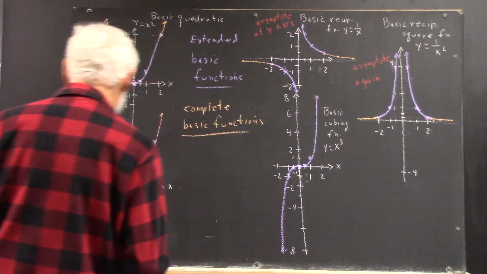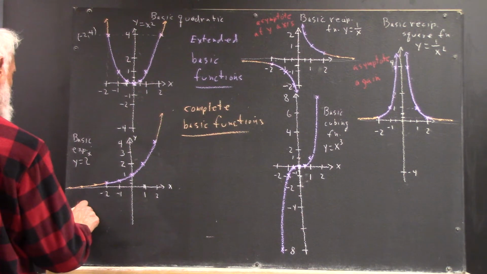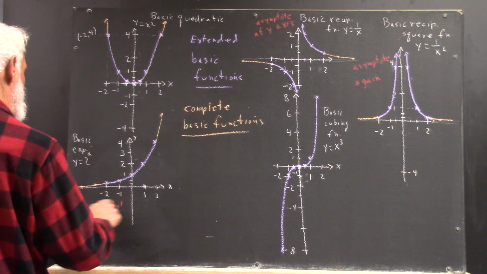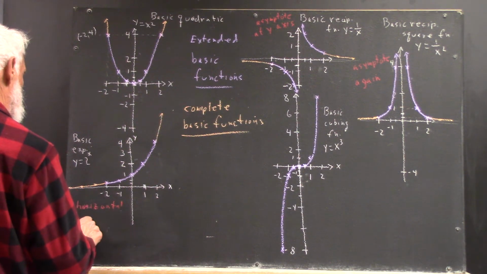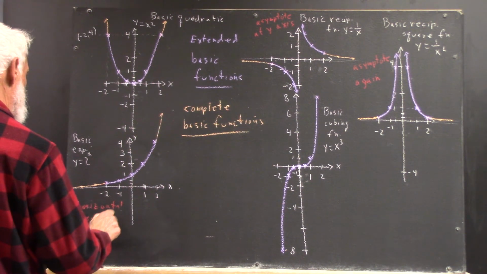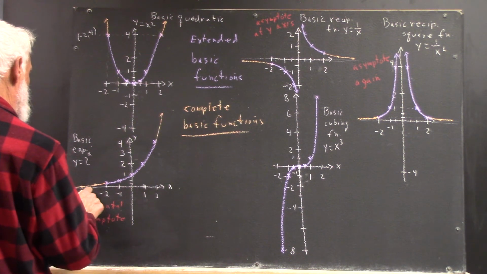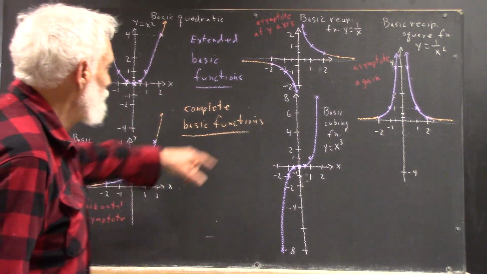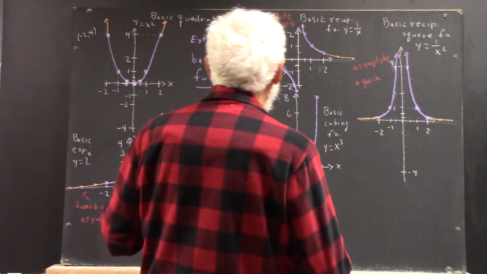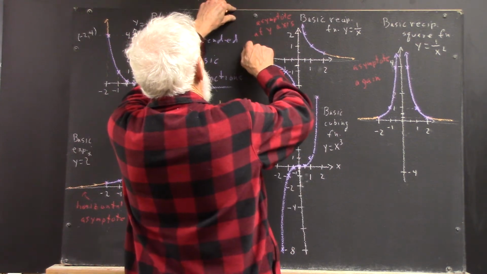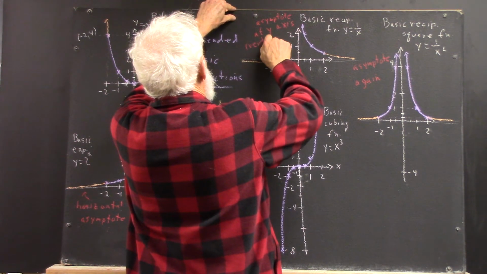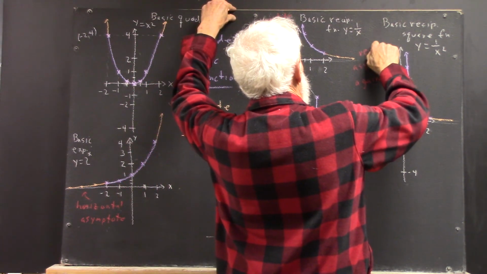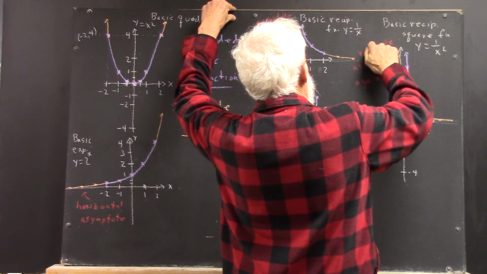Since I'm doing asymptotes in red, this is a horizontal asymptote. Horizontal because it's approaching a horizontal line. These are vertical asymptotes. Okay? So I could put the word vertical here. And I'll put it where it should be here, right before the word asymptote.